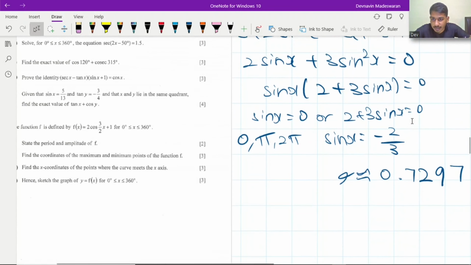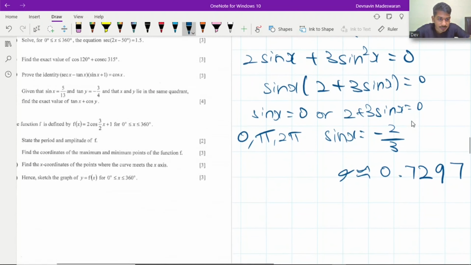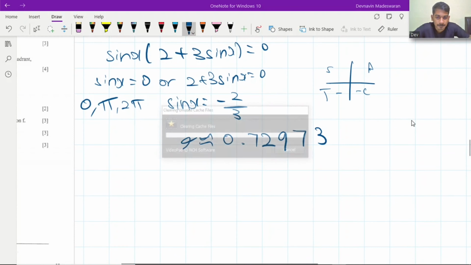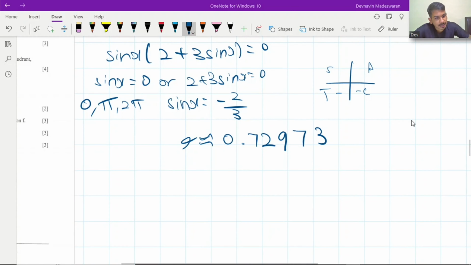Then, since this is negative, let's look at this quadrant. Sine is going to be negative in this and this region, at the lower regions. So it's going to be pi plus that thing, or 2 pi minus this thing.